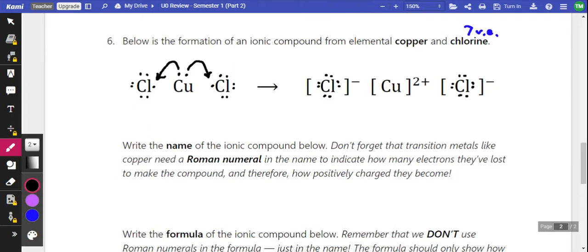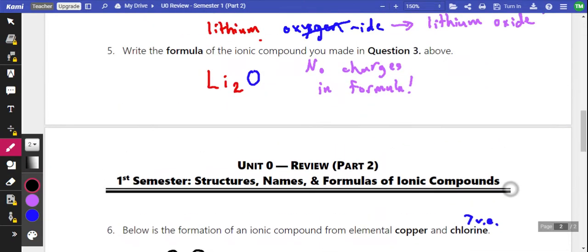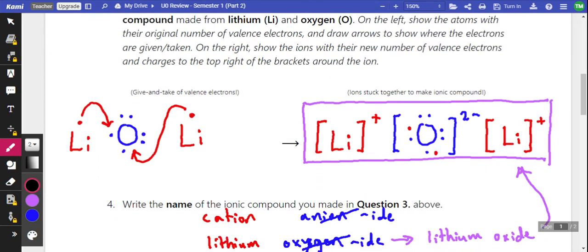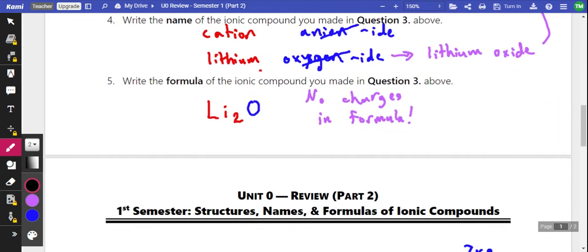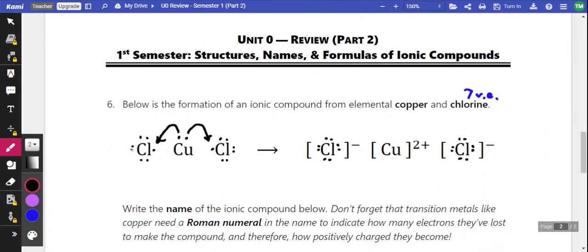So know that chlorine has to gain an electron somehow. So I'm gaining 1 from copper this way, and I'm not taking the second one because I only needed 1. And in this case, I give this other electron to another chlorine atom. So it's kind of like the opposite of our lithium oxide here. Instead of giving them both to the center atom, we're giving from the center out. Okay, but again, this stuff should already be on your version of the worksheet.